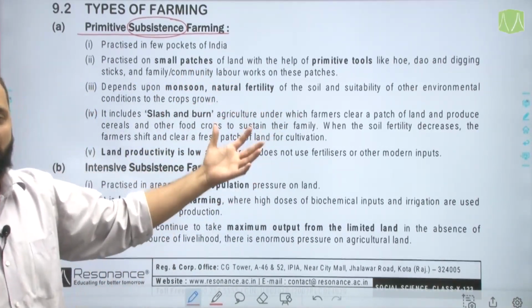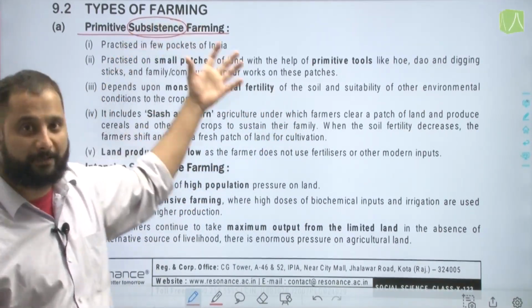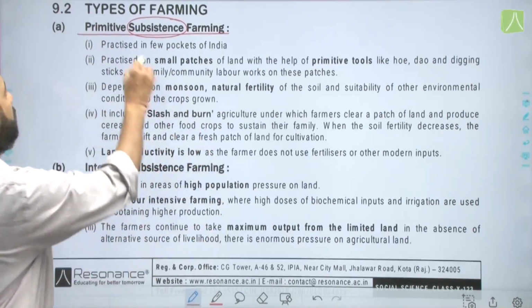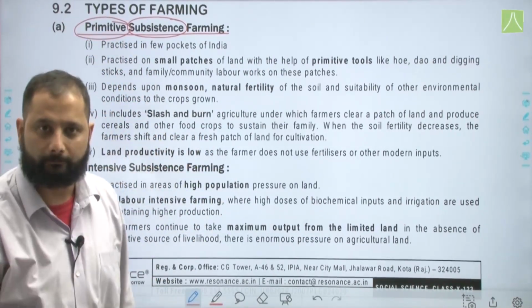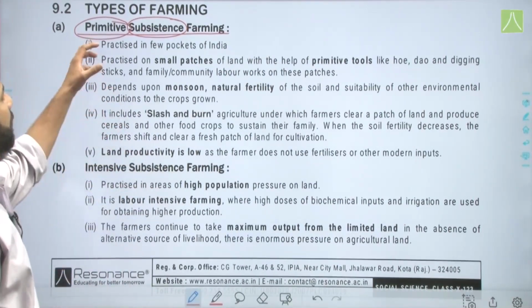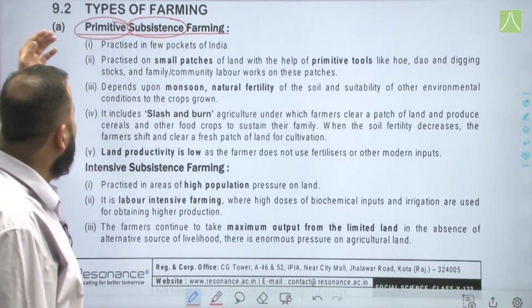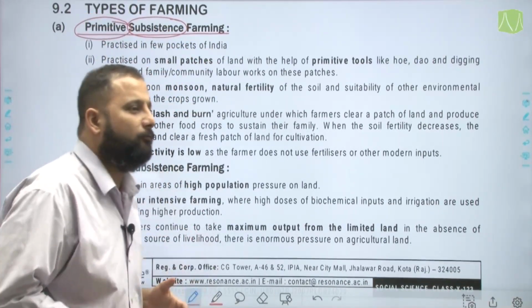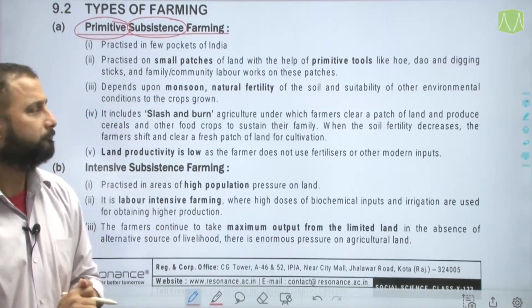If you remember class 9th, in the French Revolution, the term subsistence crisis was also discussed. Primitive relates to old or traditional methods which are not modern in any sense. So in a simple understanding of this term, primitive subsistence farming is farming which is practiced using traditional methods.